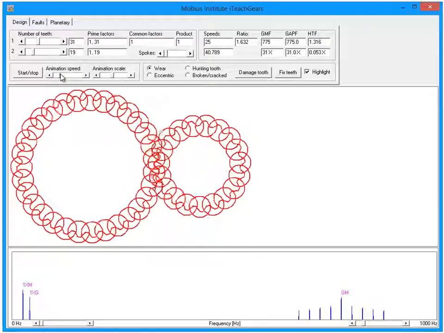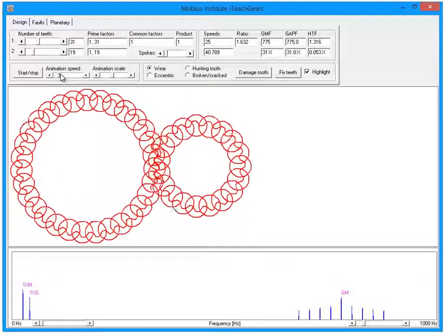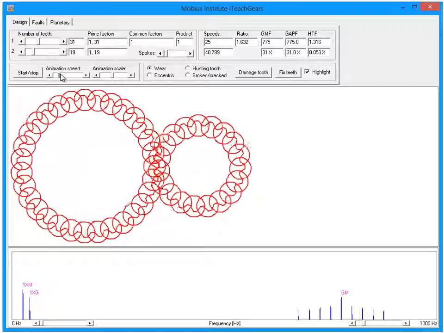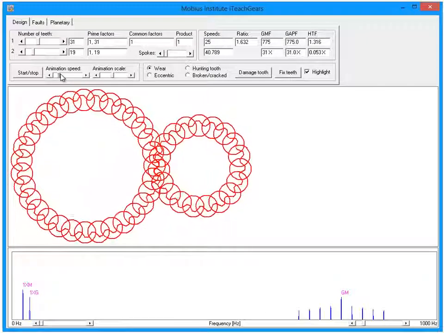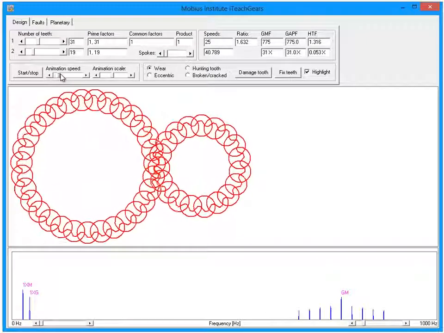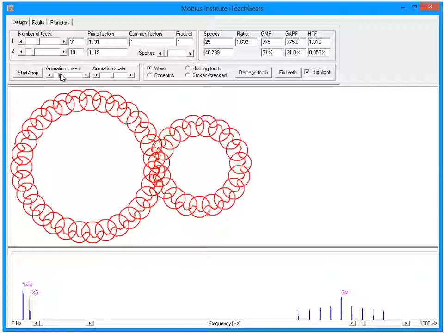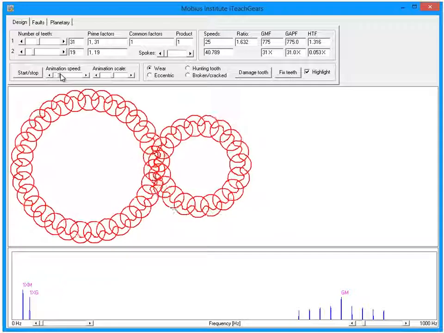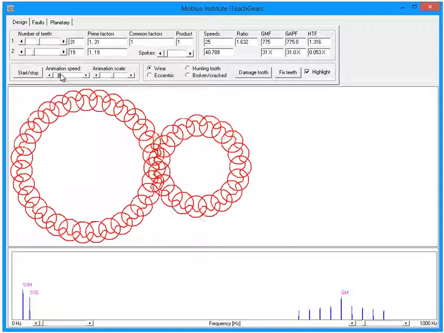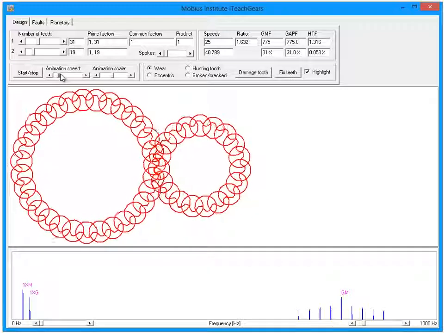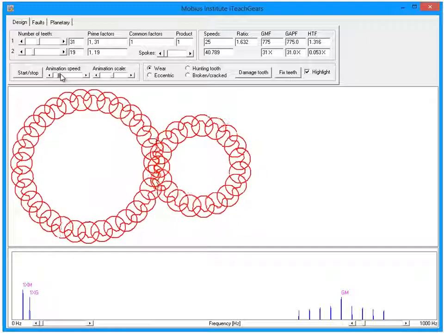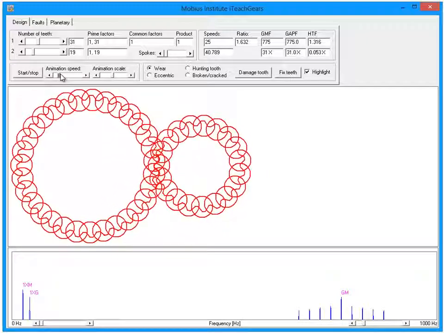That means that if any tooth is slightly damaged for any reason, it may be that the lubricant is contaminated. It shouldn't be, but let's say it is, and some hard particle goes through and slightly damages the tooth, and that makes that tooth imperfect, and then that mates with the tooth on the mating gear, and that has the potential for slightly damaging that tooth.